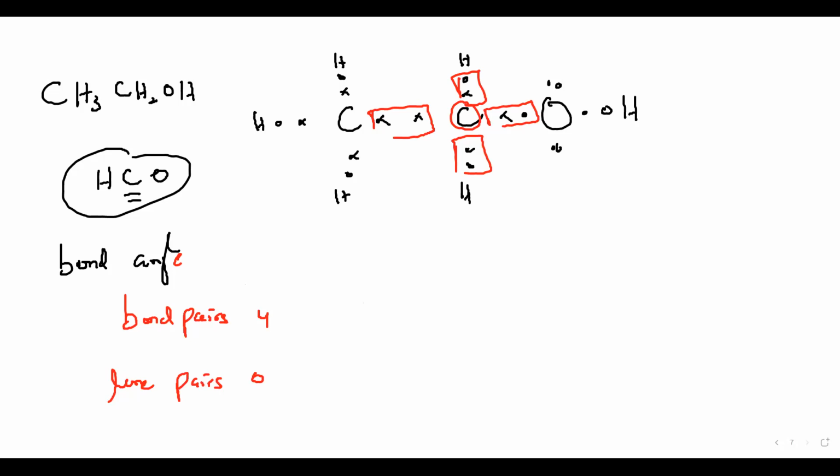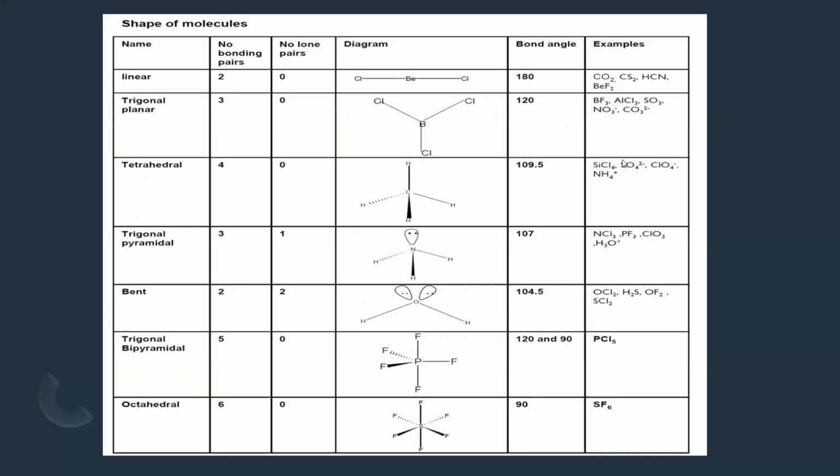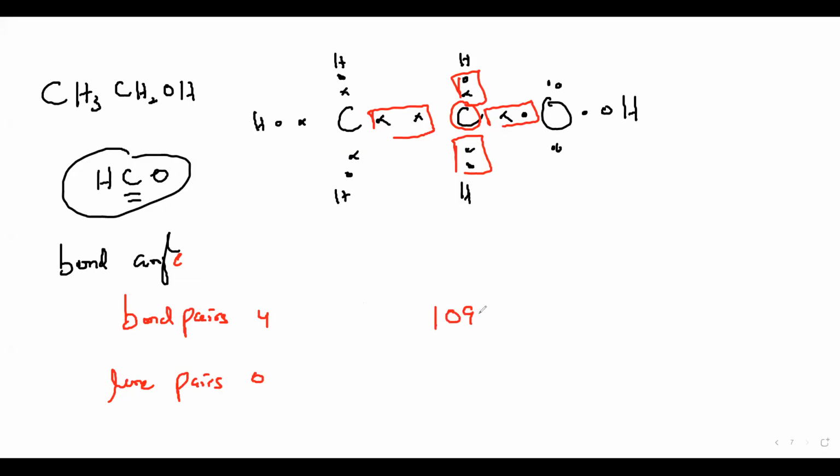What is the geometry of this molecule when 4 bond pairs are there and there is no lone pair? It will be tetrahedral with a bond angle of 109.5. So we'll mention it will be tetrahedral with a bond angle of 109.5.